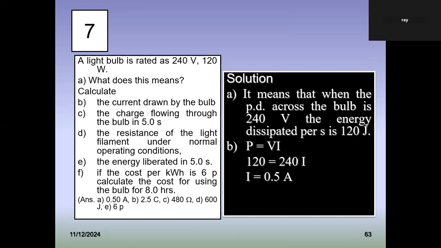Charge flowing through the bulb in 5 seconds. Okay, can get the answer. So it should be completed B and C already.